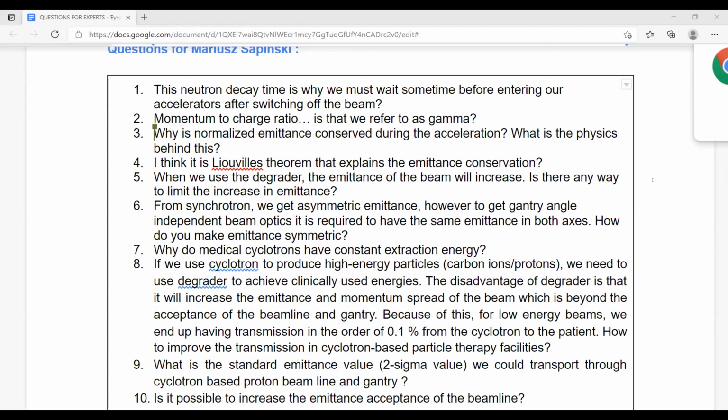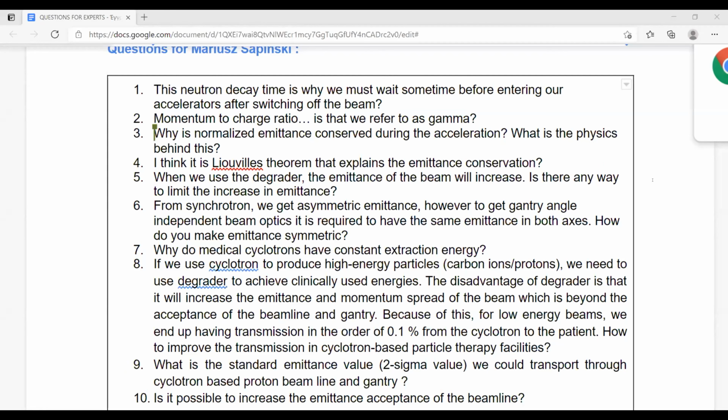Longitudinal is. And when you correct for these relativistic effects, basically by using beta and gamma, so relativistic parameters, then you correct for the increase of the movement, I mean the acceleration of the particles, and then you stay with normalized emittance.